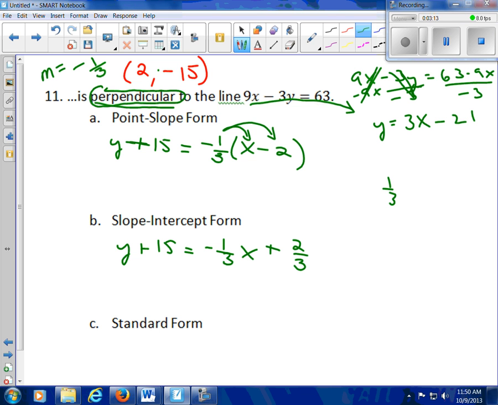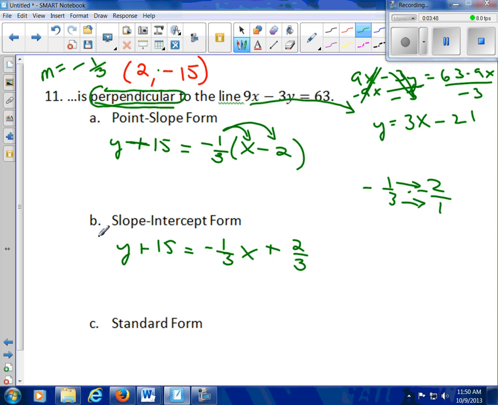A negative times a negative gives me a positive, and 1/3 times 2 is like taking 2 over 1. I can't cancel before I multiply, so I have to do top times top, bottom times bottom. So negative 1 times negative 2 is a positive 2, and then 3 times 1 is 3. That's where the 2/3 came from. If you're having a hard time with the fractions, make sure you review before the test tomorrow. There's going to be fractions on the test.